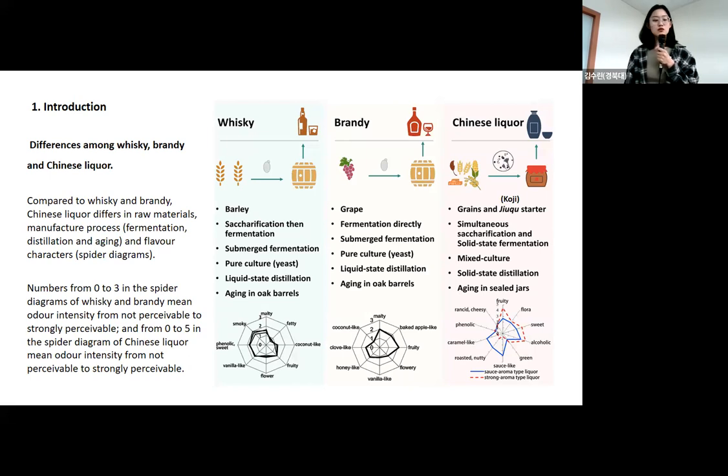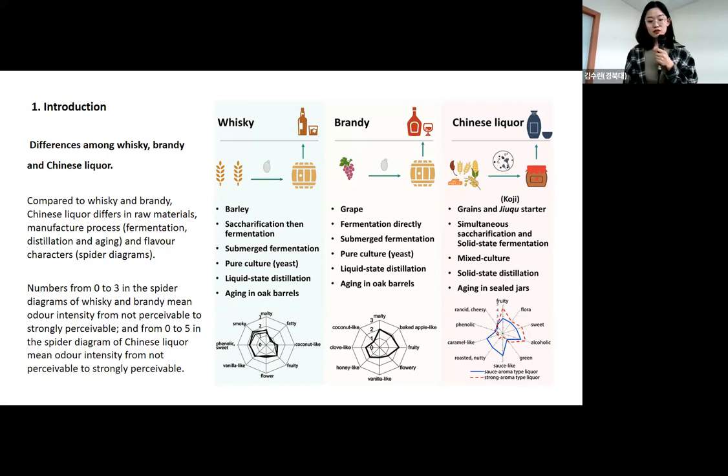The raw material of whiskey is barley, and barley saccharification is followed by fermentation, and the yeast culture is pure culture, using liquid state distillation and aging in oak barrels. And the raw material of brandy is grape.